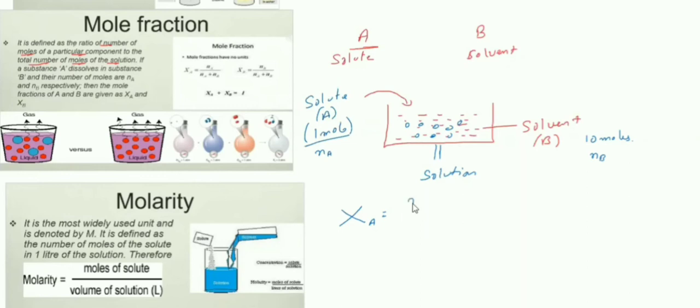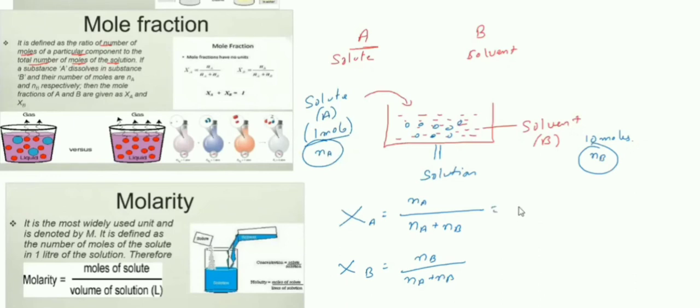So number of moles of A divided by total number of moles. Total number of moles means moles of A and moles of B. So I can write down Na plus Nb. Similarly, mole fraction of B can be written as Nb upon Na plus Nb. That will be equal to 1 divided by 11, since this is 10 plus 1, and here it will be 10 divided by 11.